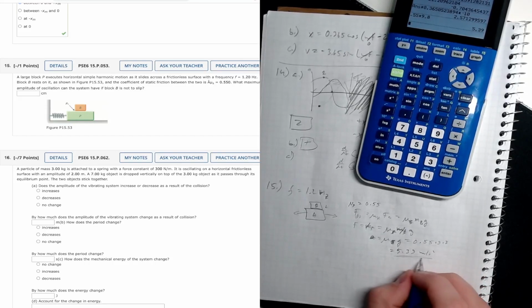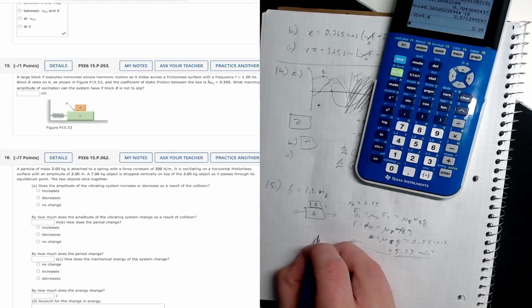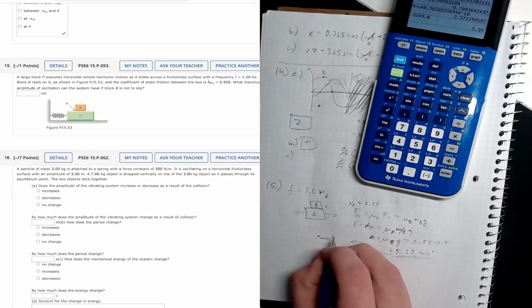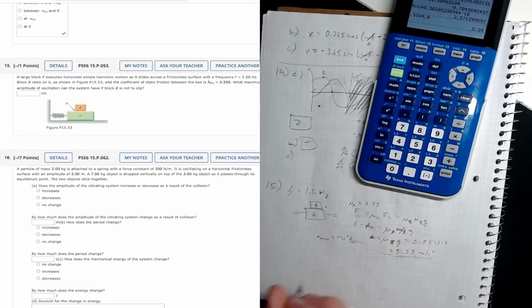That is the maximum acceleration they can have. So now we have a max equals negative w squared A, I believe.